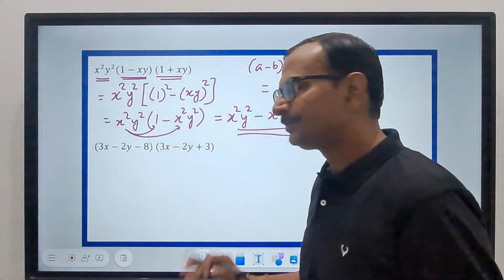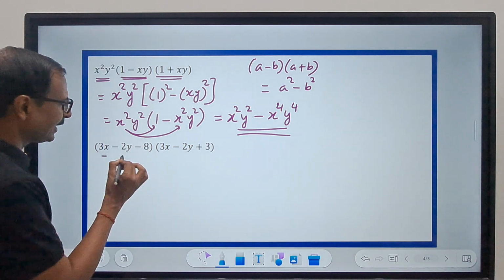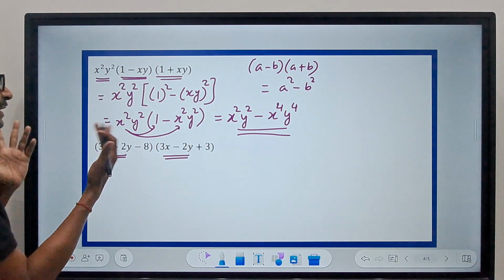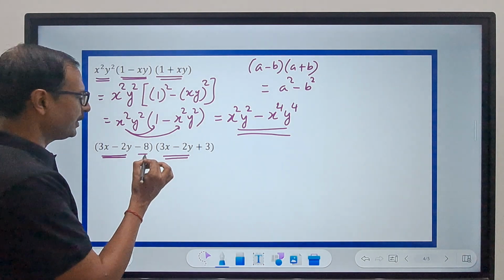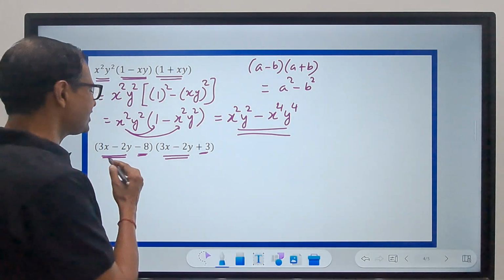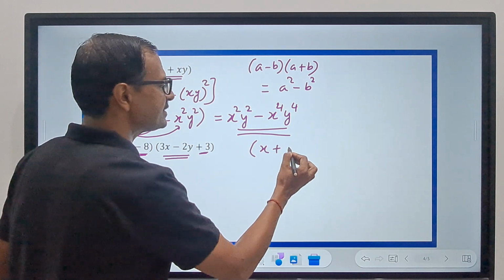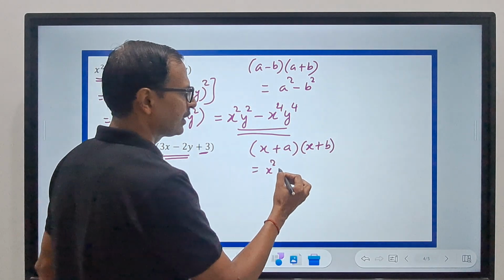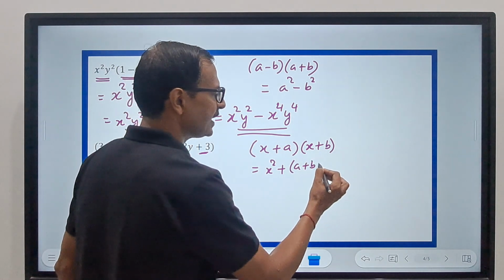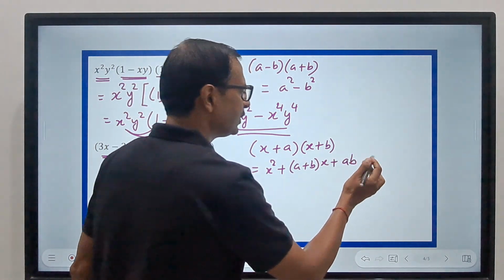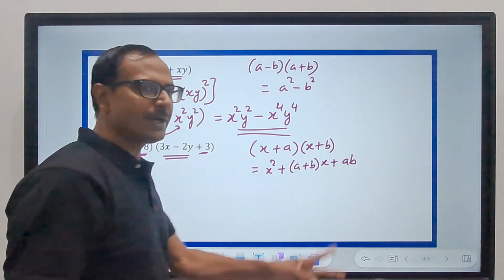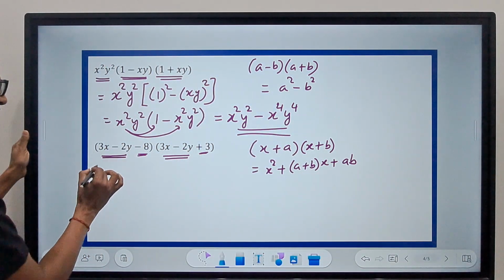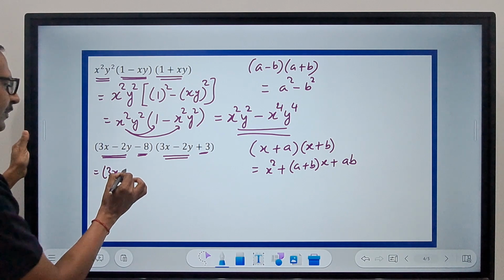Let's see another one here. So we have 3x minus 2y here and 3x minus 2y here, so I will consider them as x, okay? And then we have a number here and a number here. So this is practically (x plus a) times (x plus b), right? Which can be written as x square plus (a plus b) times x plus ab. So I am going to use the same identity which I used in the second question here. So in place of x I have 3x minus 2y.